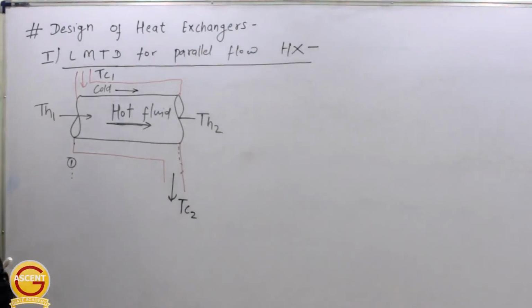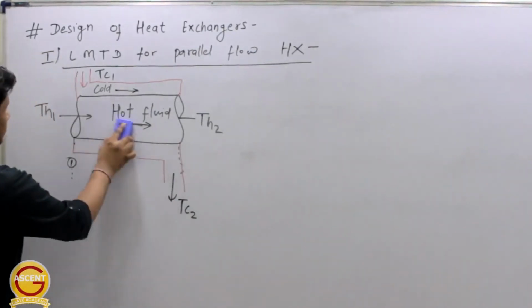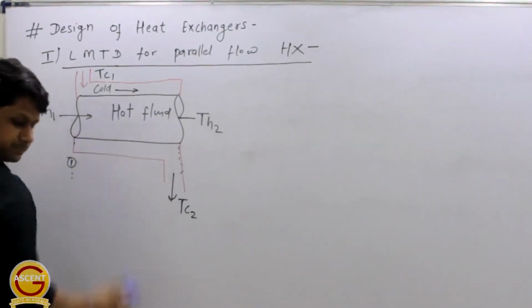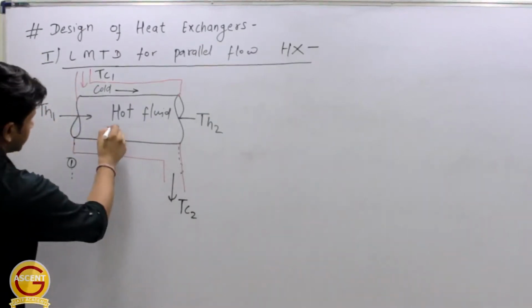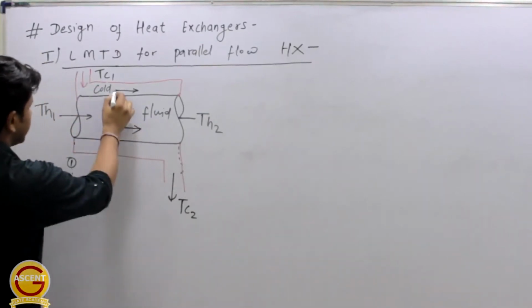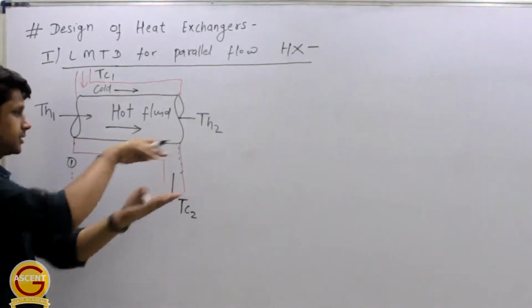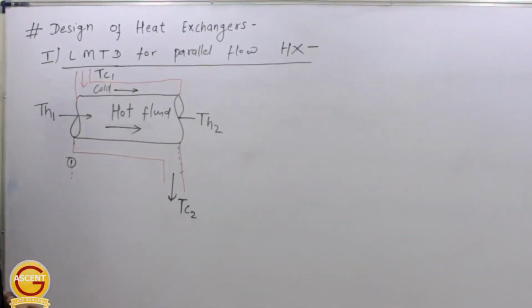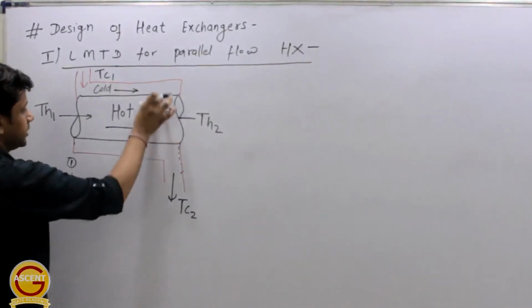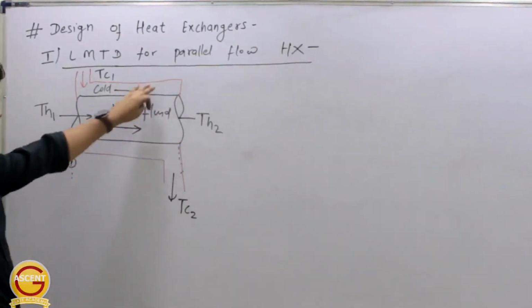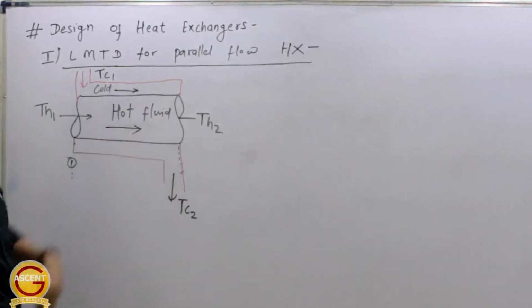Okay. So it is a parallel flow heat exchanger. So both fluids are flowing in the same direction. This is the direction of flow of hot fluid and this is the direction of flow of cold fluid. Both fluids are moving in the same direction and exchanging heat, right? So this hot fluid will reject heat to this cold fluid and this cold fluid will gain heat, correct?